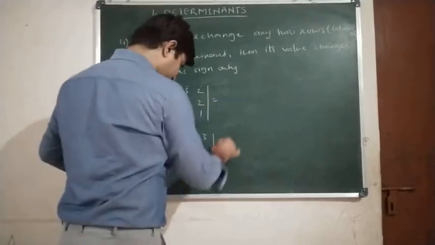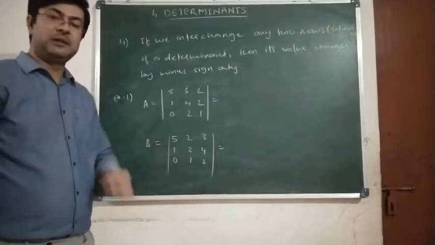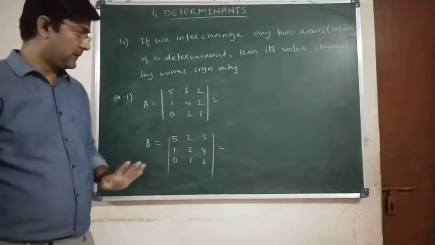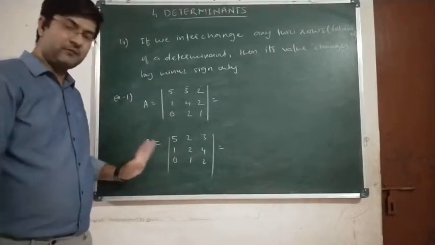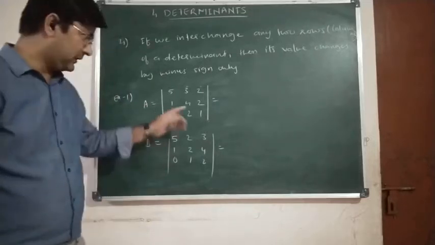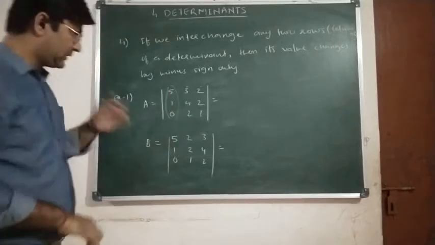Now the difference between the values of determinant A and determinant B will differ by minus sign only. For example, if the answer of determinant A is 5, then the answer of determinant B will be minus 5 only. Let us check. Let us expand around the first column because we have 1 0 in the column.